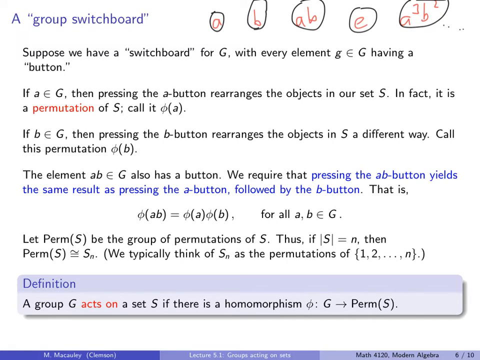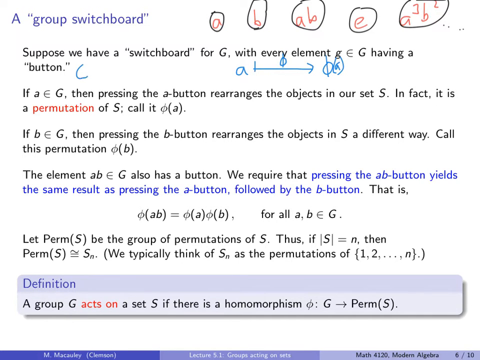So when we push a button, that rearranges our set. Think in your mind, it rearranges the set of binary squares. So if we push the A button and then push the B button, that's the same thing as pushing the AB button. So when we push a button, we get a permutation. In other words, that is a mapping that sends A to some phi of A. So what is phi?